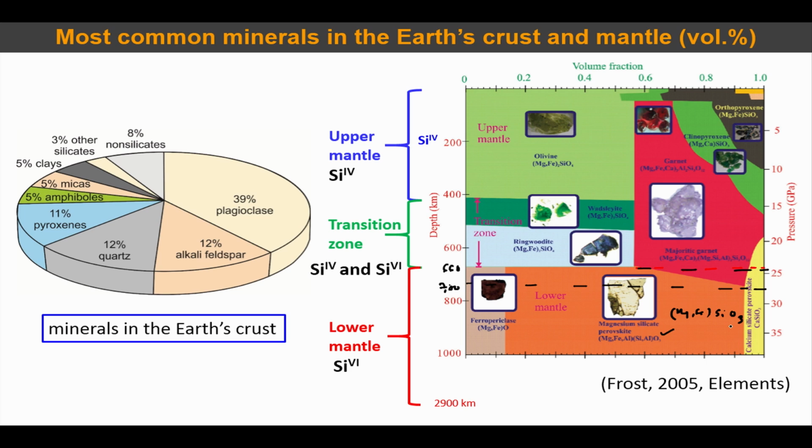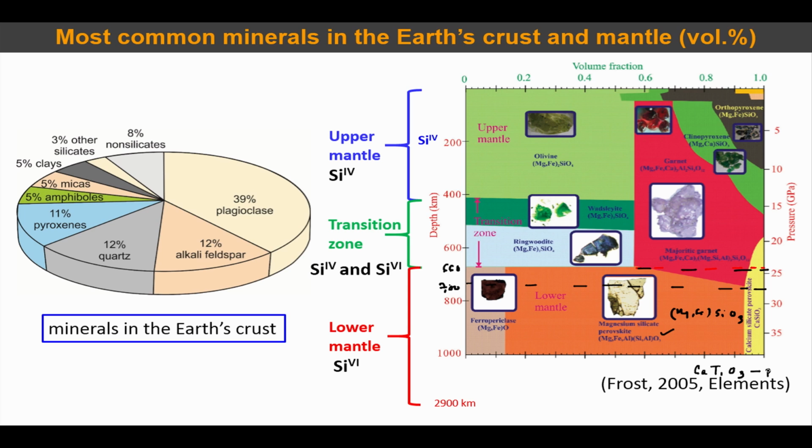The formula is exactly the same as your pyroxene, but their structure is different. That's why it is called magnesium silicate perovskite, because its structure is close to a perovskite structure. And we know that perovskite is a mineral that is calcium titanium oxide. This is perovskite, which is very abundant in kimberlite.